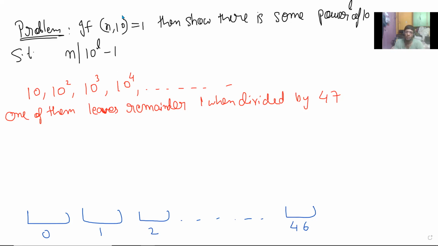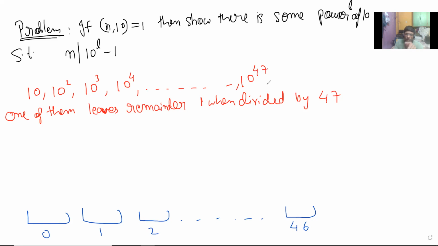So how far do we have to go? That's n, so we can go till n plus 1. But here let's just take 47.